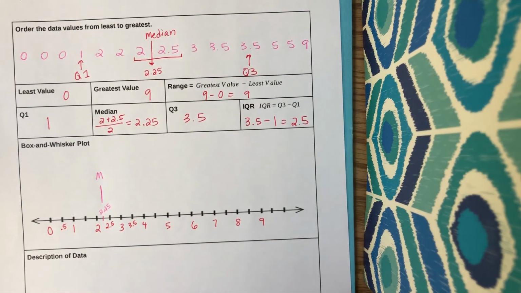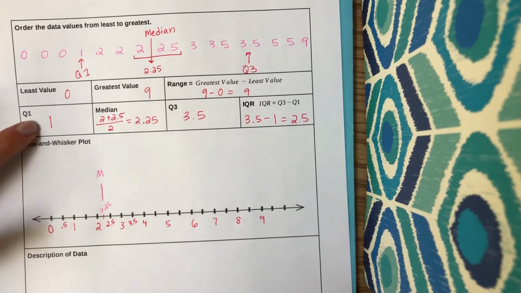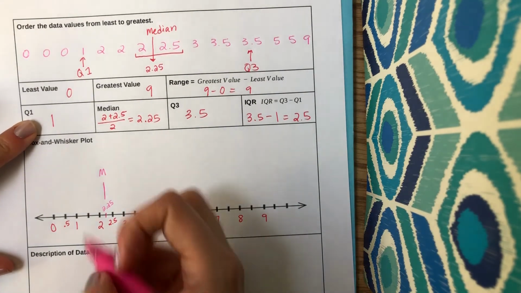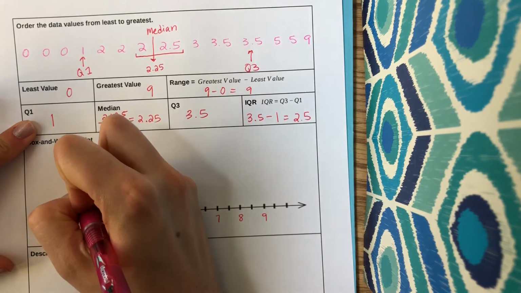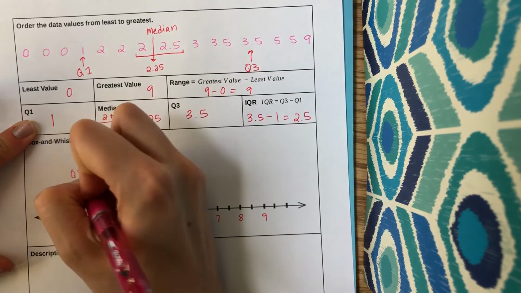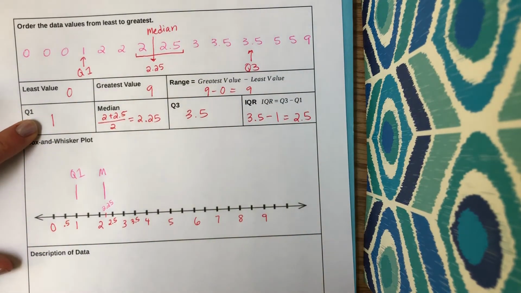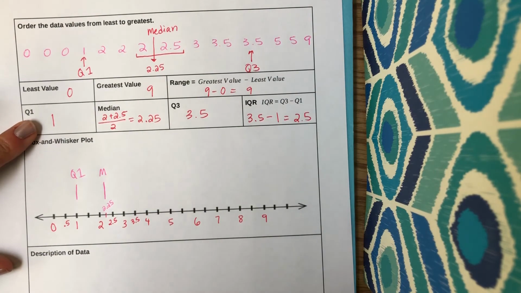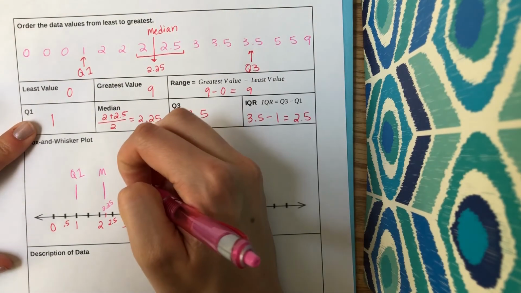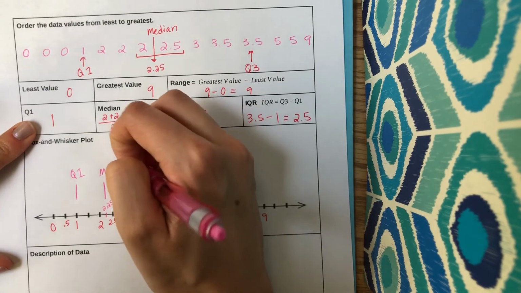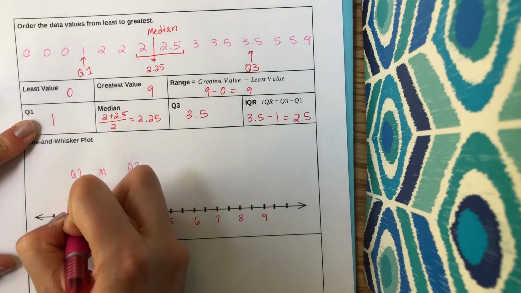That's going to be the middle of my box. At Q1, I will draw a line, and Q1's value is 1, so I'll put a line above 1, and I'll write Q1. And then above Q3, 3.5. And then I will make my box.